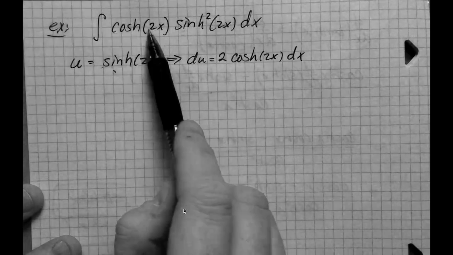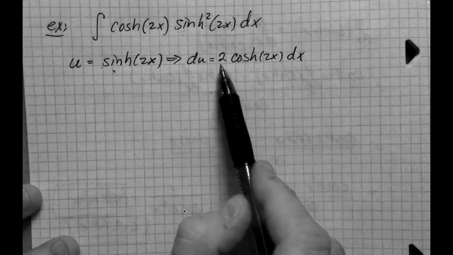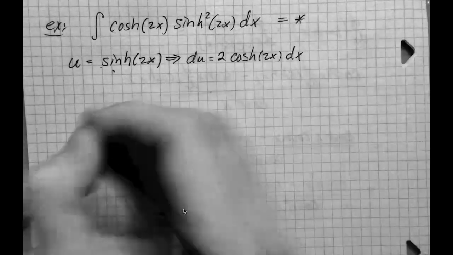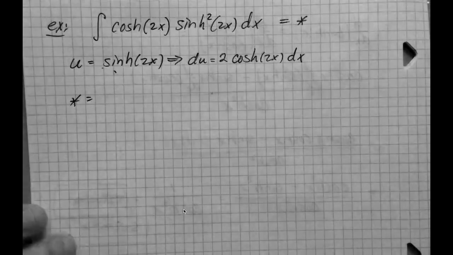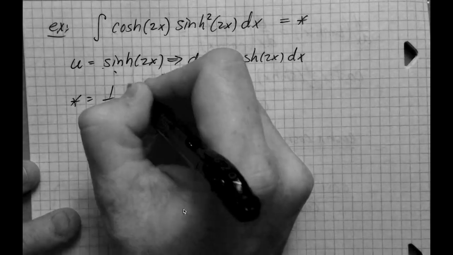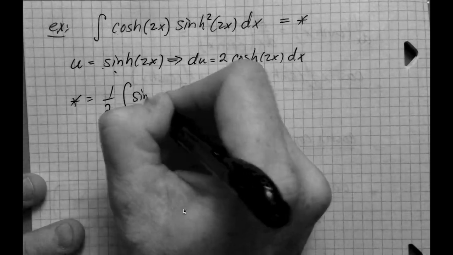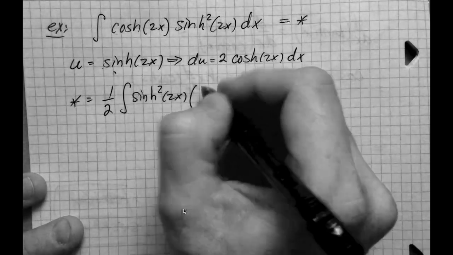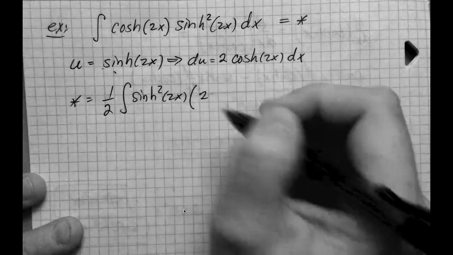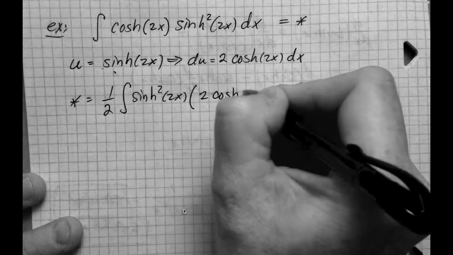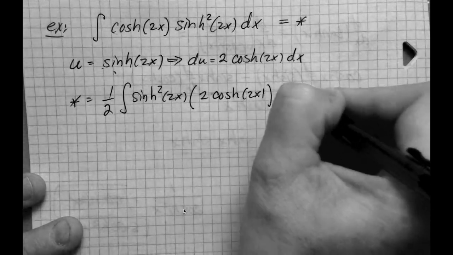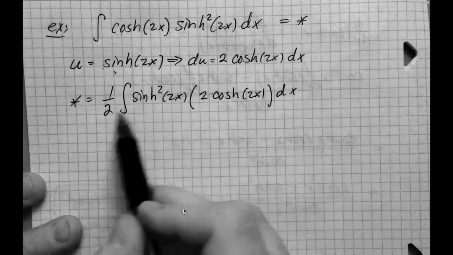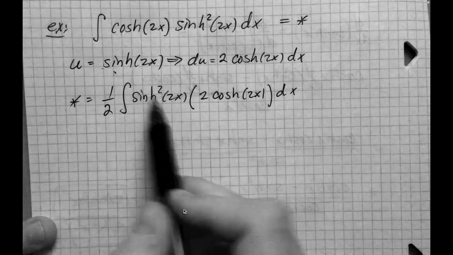And then we do have the cosh 2x dx, but we are missing the 2, so we can use our old trick: multiply and divide by a half. So kind of taking this part, putting the 2 on the front, and then dividing by 2 up front, so that's okay.